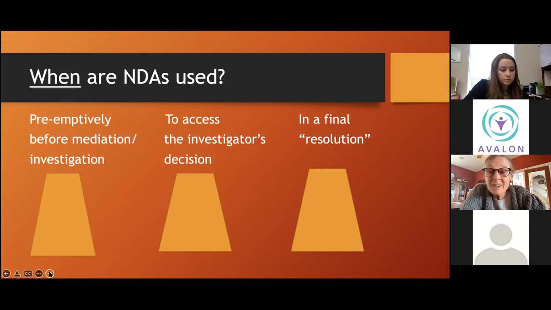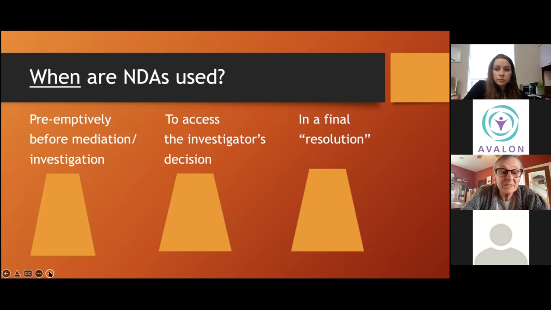There is no entitlement for a complainant to access the decision. And I'm aware of many cases where in order to get the full decision on what that investigation found, not just the outcome, but the decision, people are being asked to sign NDAs in order to see the outcome in their own complaint, I mean, the full decision in their own complaint, which again, if you think about it, is kind of bonkers.